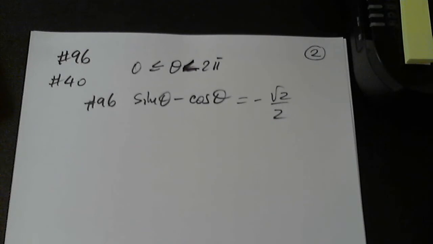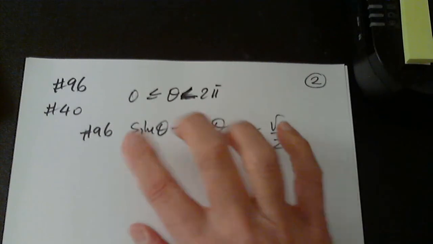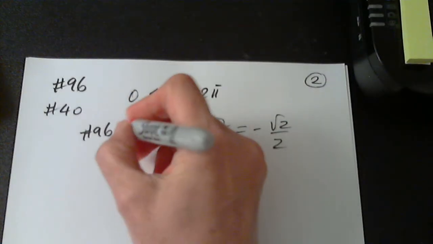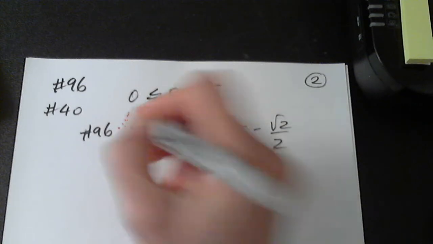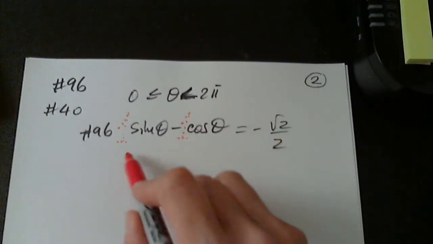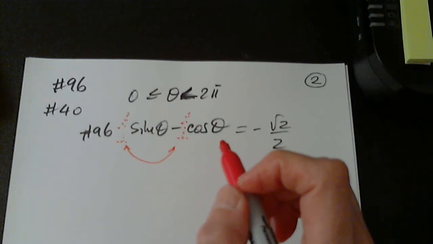Perfect. Okay, so if you remember, we looked last time at a similar situation. So when we have sine and cosine, you can say, but what do you see in front? Well, yeah, I see 1. But I have to replace this 1 by something else.